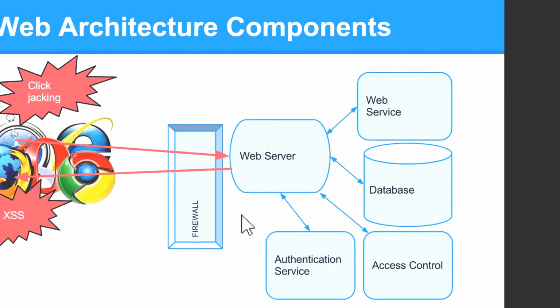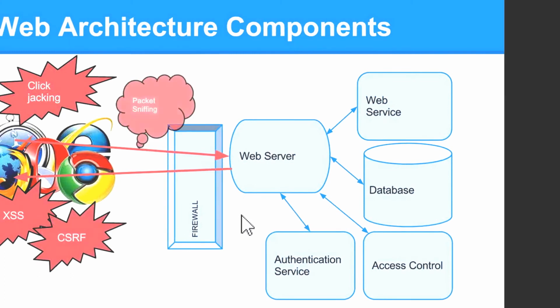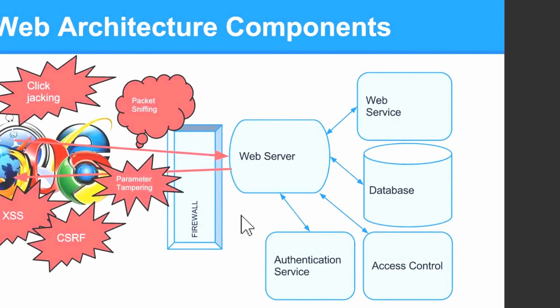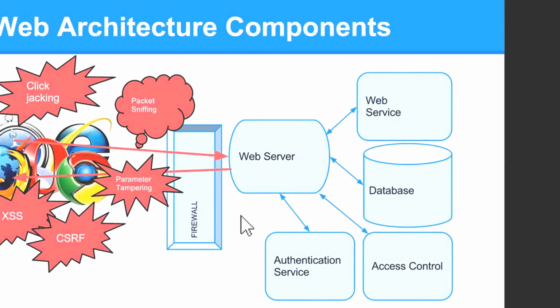You have cross-site scripting, cross-site request forgery. Anyone who sees your traffic can sniff it. And anyone who sees your traffic, if it's not locked down with HTTPS, can tamper with your data being sent out. They can also tamper with their own data. So that's why you have to do input validation on the web server side.